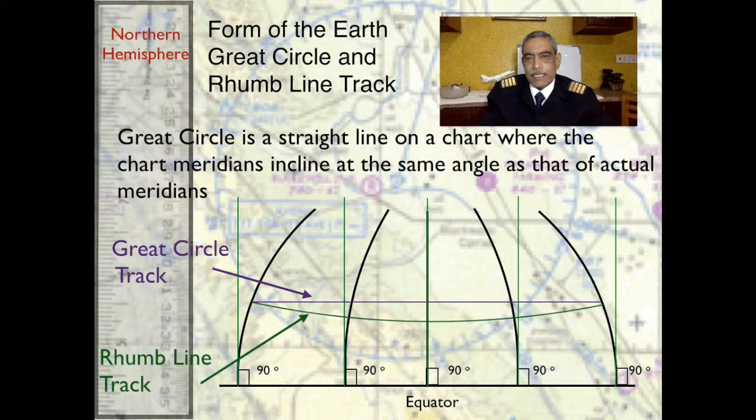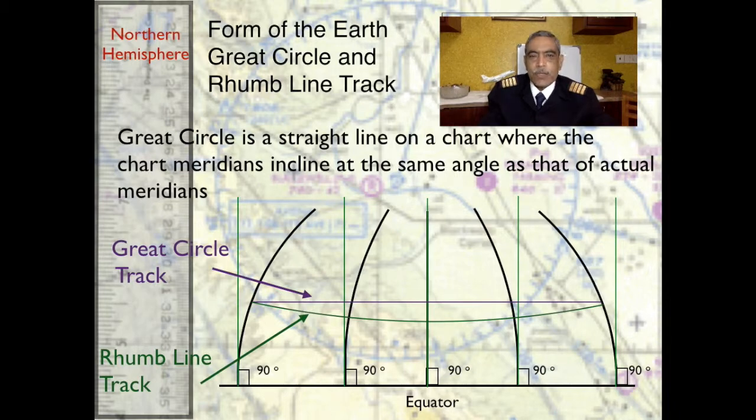Here in this picture, I have depicted a chart in which the green line is shown as a Rhumb line track, and the purple line is shown as the great circle track. Here it is representing the Earth's surface, and it is particularly in the northern hemisphere.